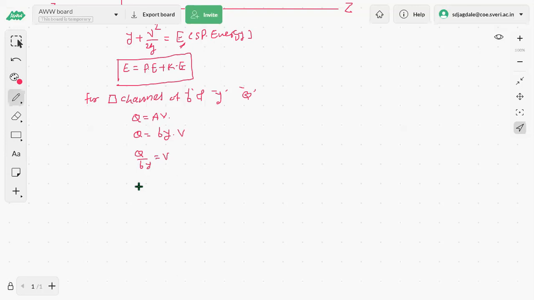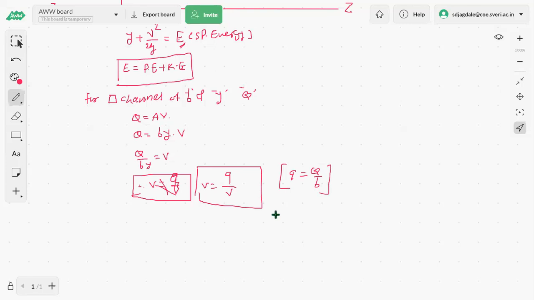So the velocity v is equal to small q divided by y, where small q is nothing but the discharge per unit width. Most of the times we used to consider the width as a unit width.